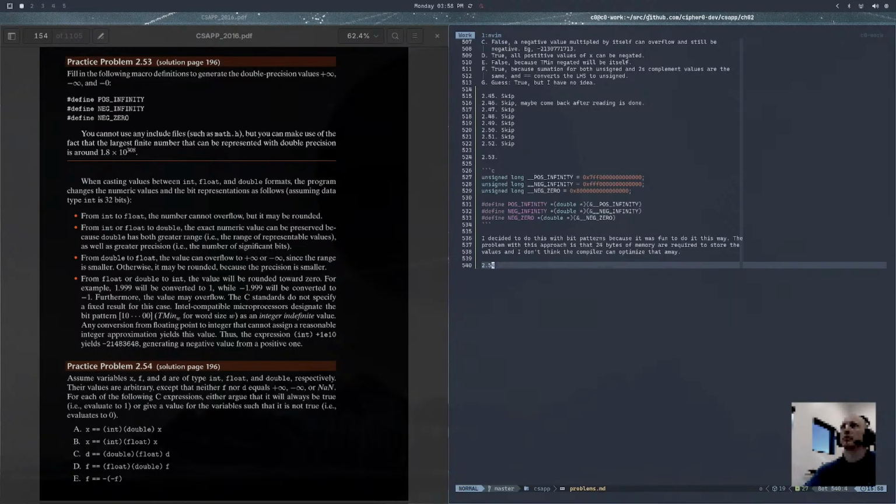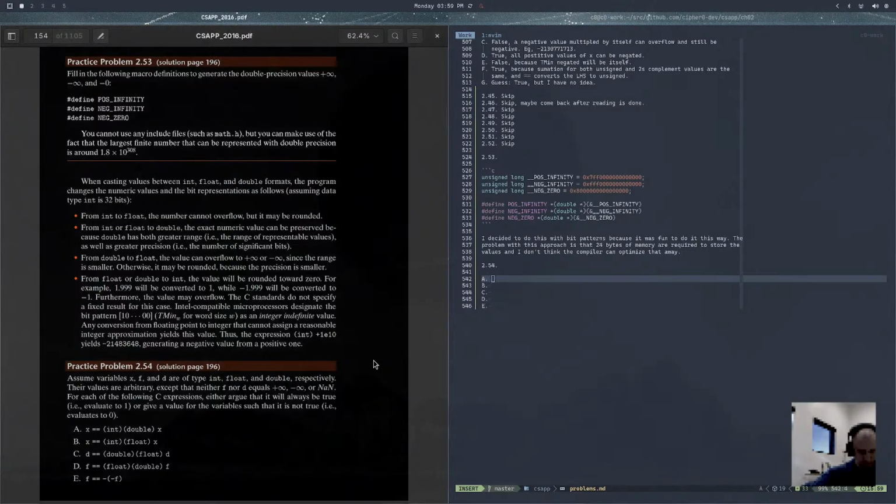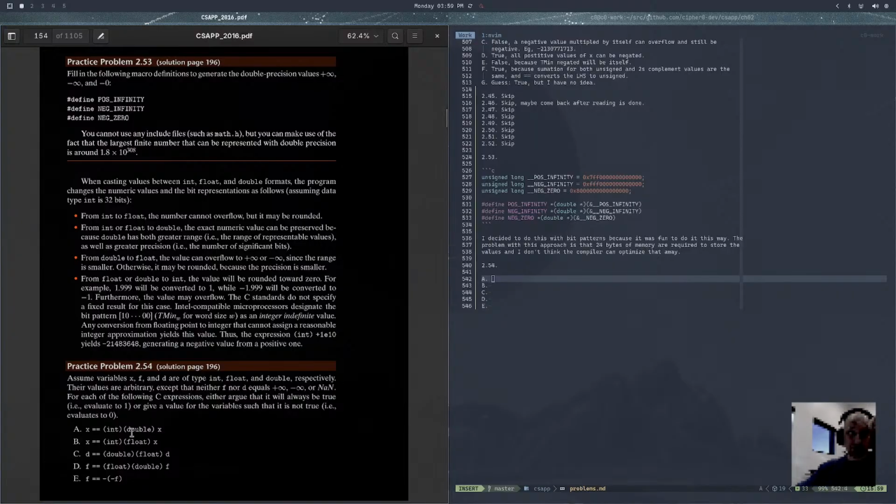2.54. And we have A, B, oops, C, D, E. So we have this expression x is equal to (int)(double)x.